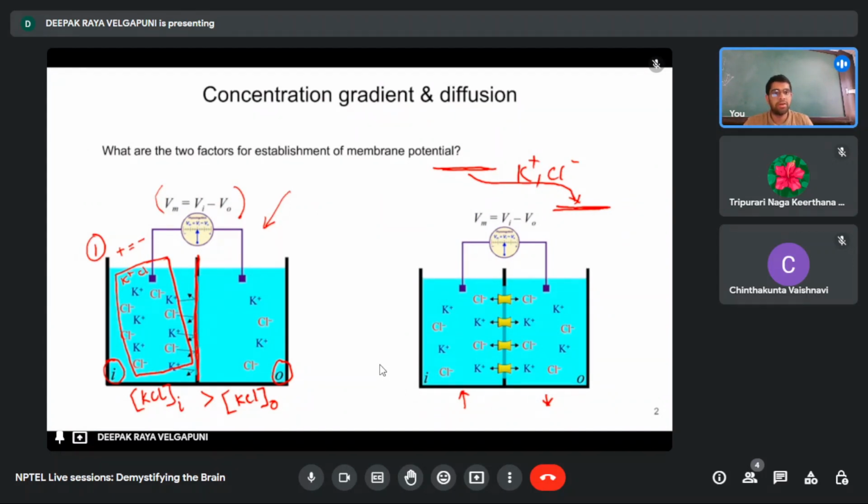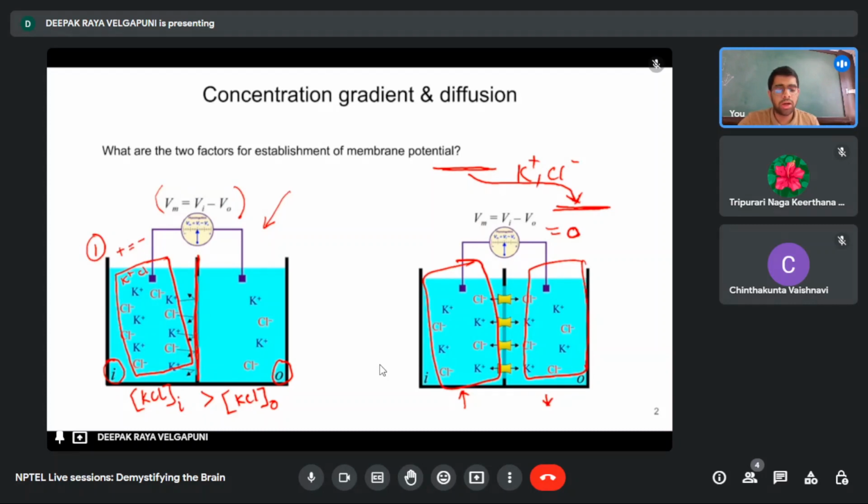So if it is electrically neutral, it is very stable and stays there. Since an equal number of ions cross the membrane, there is no charge separation and no charge difference across the two compartments, and this leads again to a zero potential difference.